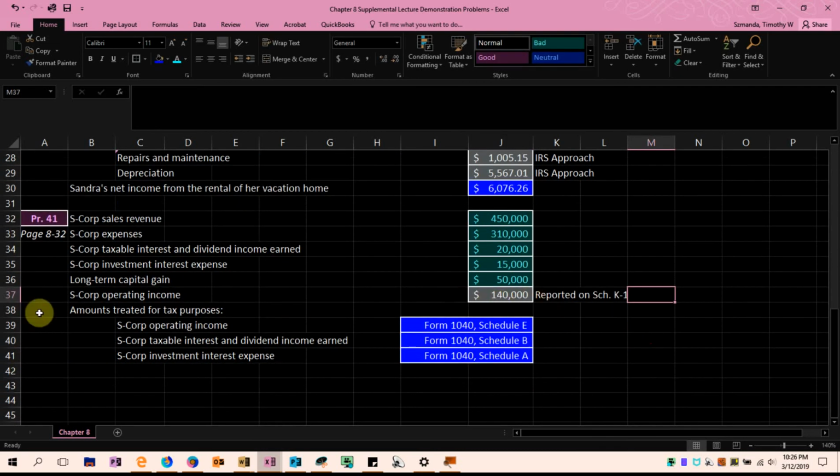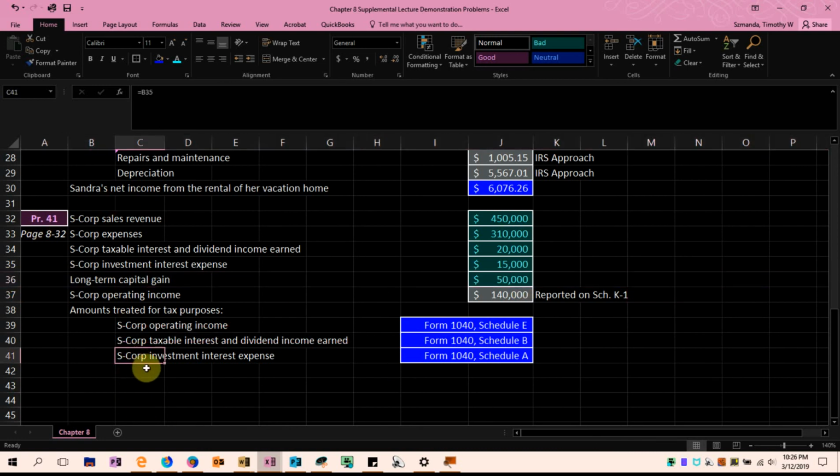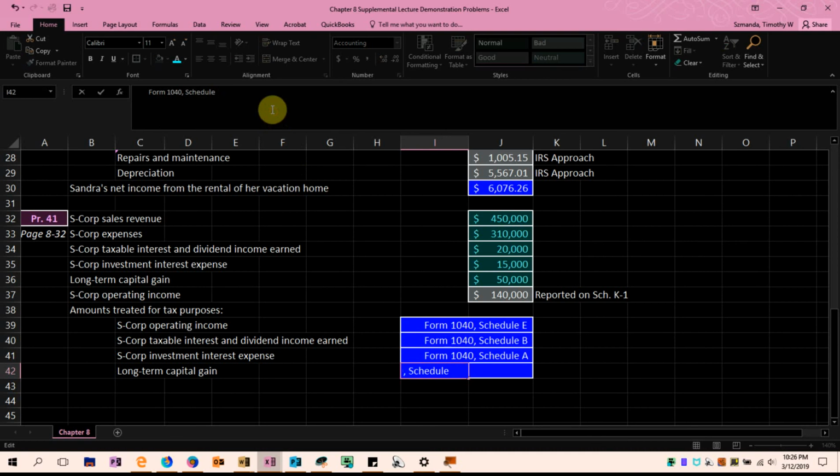This was not part of the problem, of course, but I'm just changing the problem to make the point. In this case, we'd have an S Corporation capital gain, and that would be reported on Form 1040, Schedule D for any long-term capital gain. So had the problem included that, we would have reported it on Schedule D.